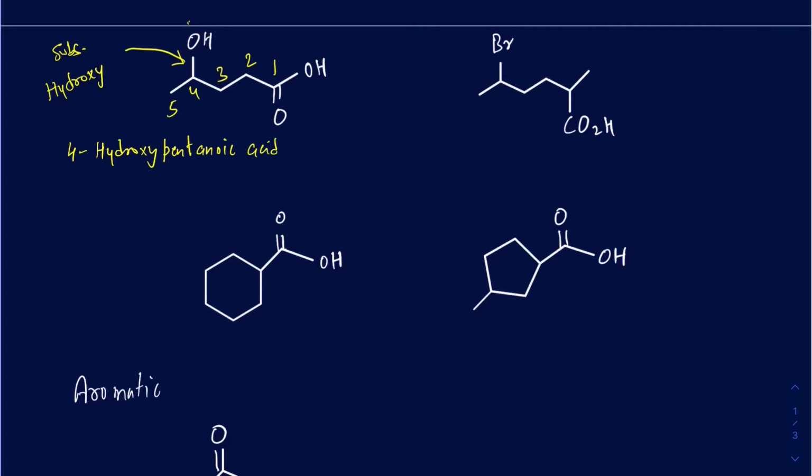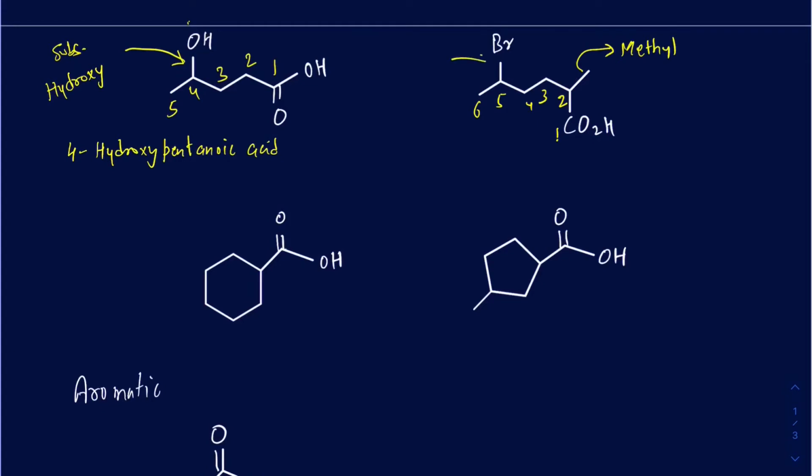Okay. So in this next one here, I have the CO2H written all together here. So make sure your main functional group comes in the main chain, in the parent chain. So I would have to count it from the bottom here. So this gets 1, this gets 2, 3, 4, 5, and 6. So again, it's a 6 carbon main chain, and then you got the methyl group coming out of the second carbon.